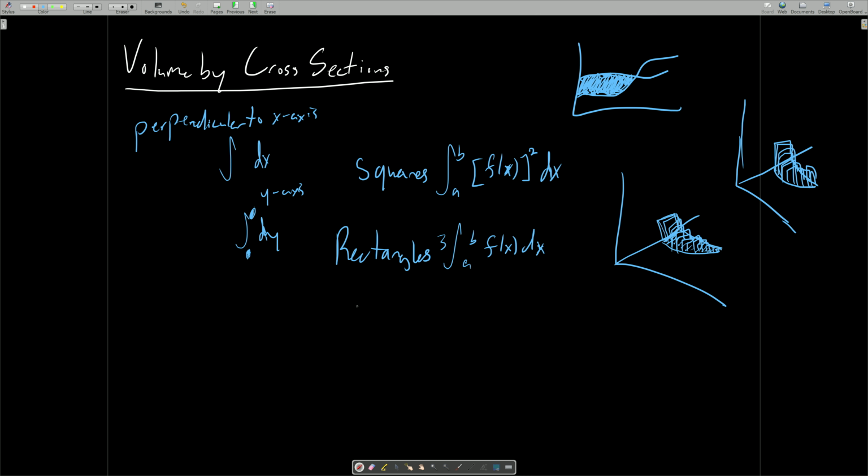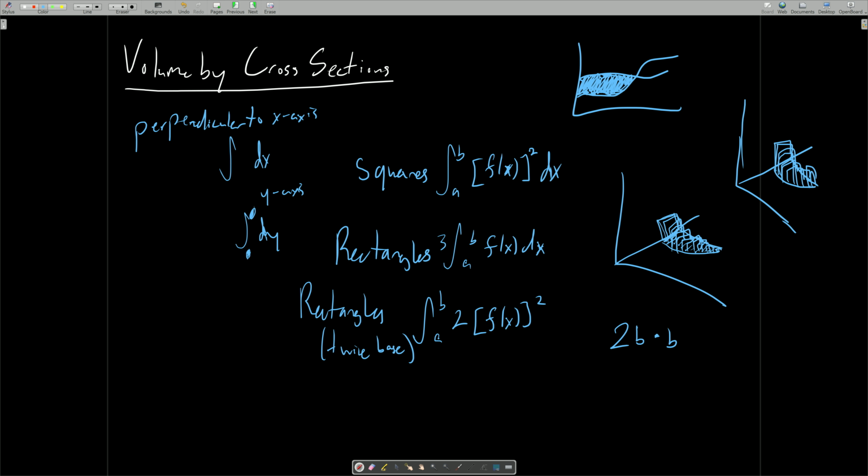Or another thing it could be, you could say your height is going to be twice your base. So what that means is you have 2 times your base, that's your height, and times your base again, which is your actual base. So this one would be 2 times your f(x) squared dx.